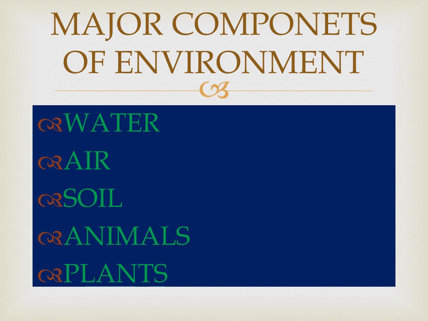Number 4, animals. Animals are classified into 2, that is, vertebrates and invertebrates. Vertebrates have a backbone which runs from the head to the tail. Invertebrates have no backbone.